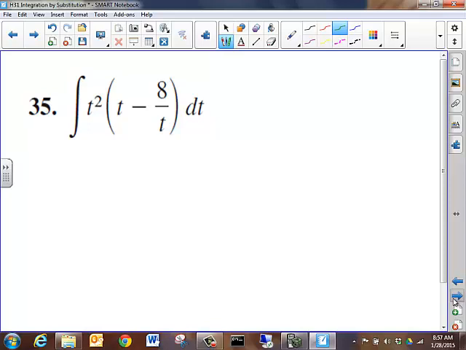Yes. We're just going to distribute through, you mean. Why don't we want to do a u-du? That's more trouble than it's worth. Good question. If you said u was this thing on the inside, I don't think your du is going to be t squared, is it? It's going to be t to the negative 2. If you do u is t squared, that's not going to be it.